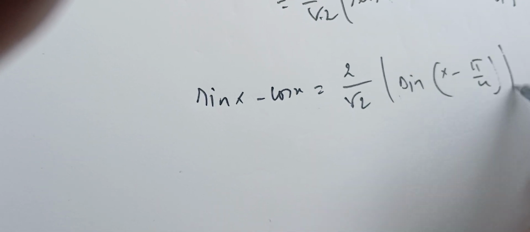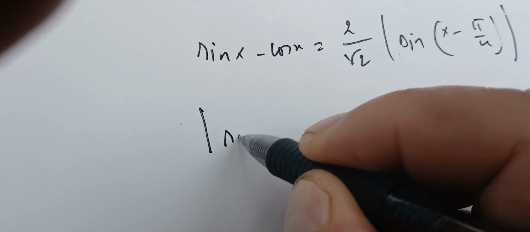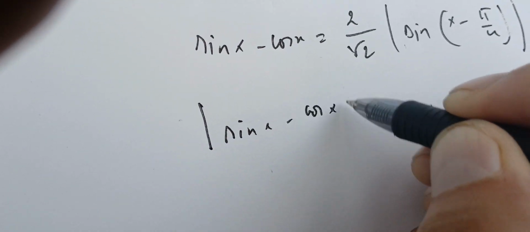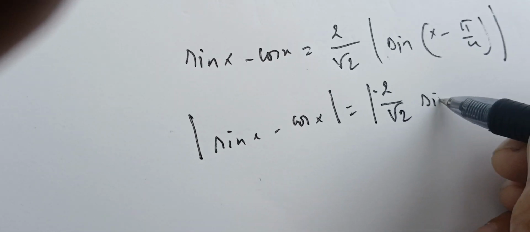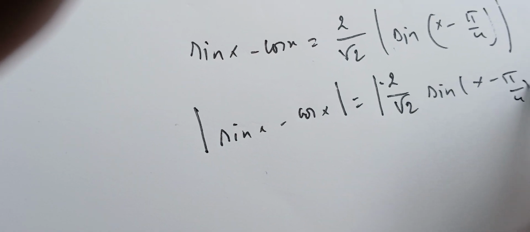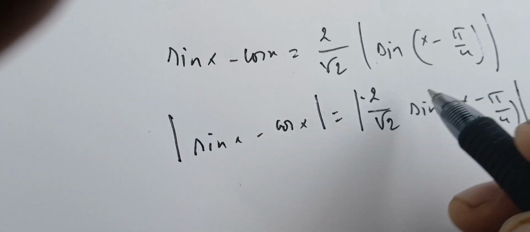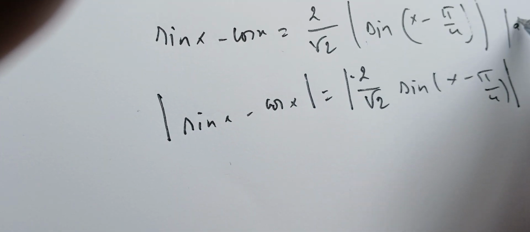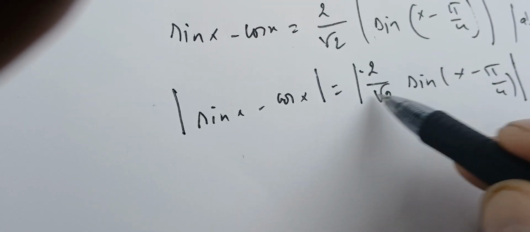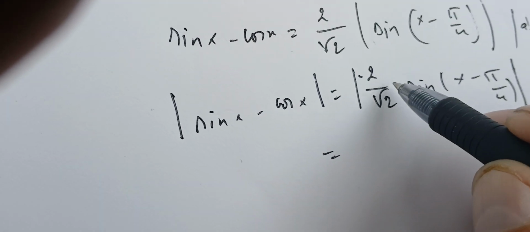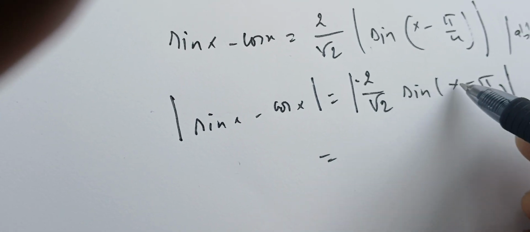Okay, now if I take the absolute value, I see that the absolute value of sine x minus cosine x is equal to the absolute value of 2 over square root of 2 sine of x minus pi over 4. Okay, now we can use that the absolute value of a times b is the absolute value of a times the absolute value of b, with a being 2 over square root of 2 and b being sine of x minus pi over 4.